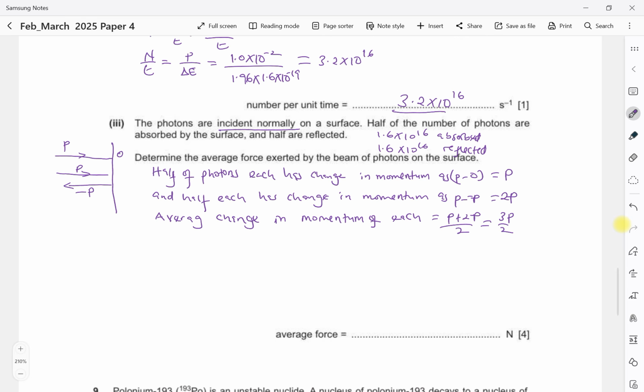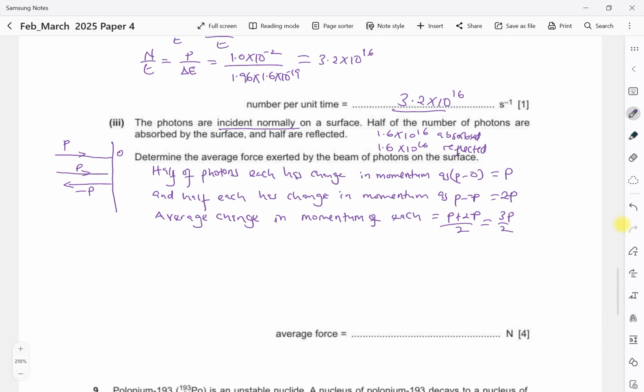That is the average, which means that the total change in momentum for all is going to be equal to 3 over 2 p times n, the number of particles.